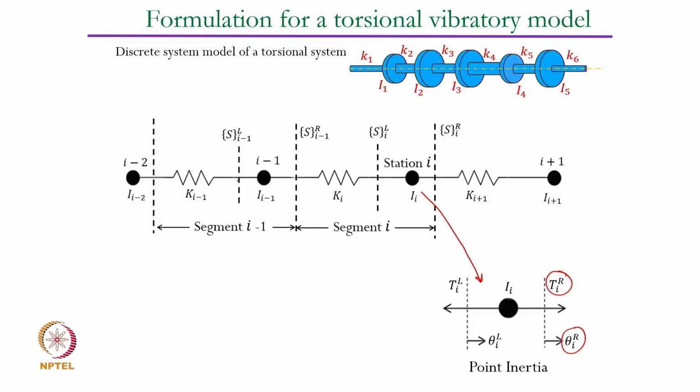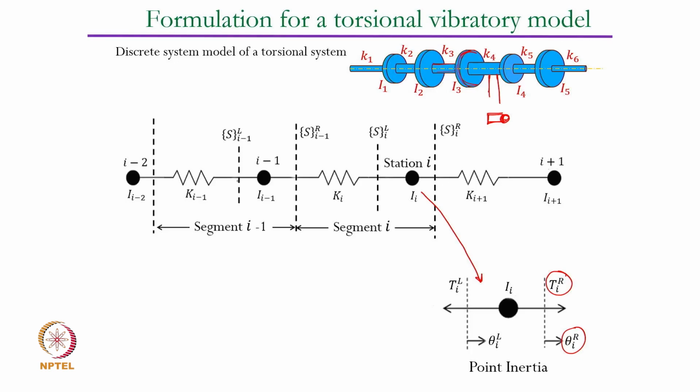What we are basically doing is, if the disk is included, you may ignore the inertia of the shaft and only consider the inertia of the disk which is mounted. But later on, if you want to consider the shaft itself as one segment, then the mass moment of inertia of that shaft segment can be lumped here. So the parameters will be appropriately estimated based on what segment you are talking about.